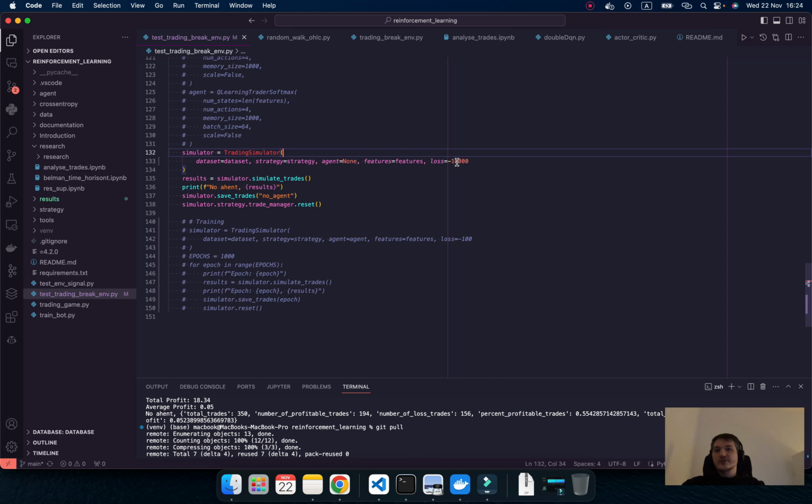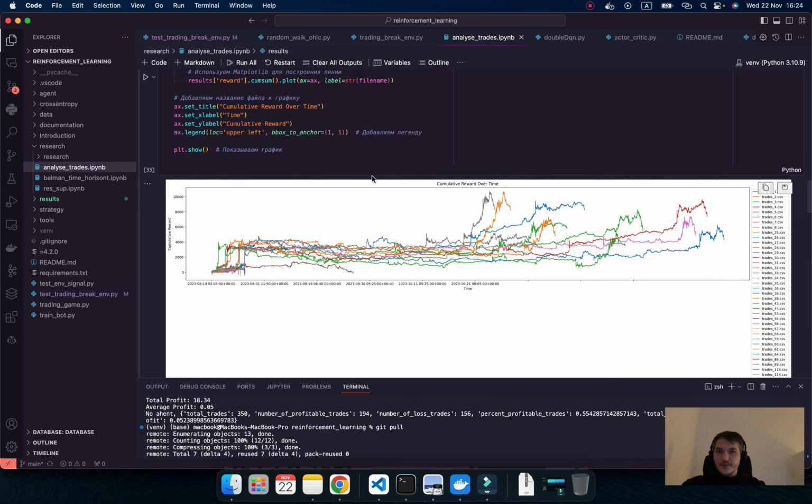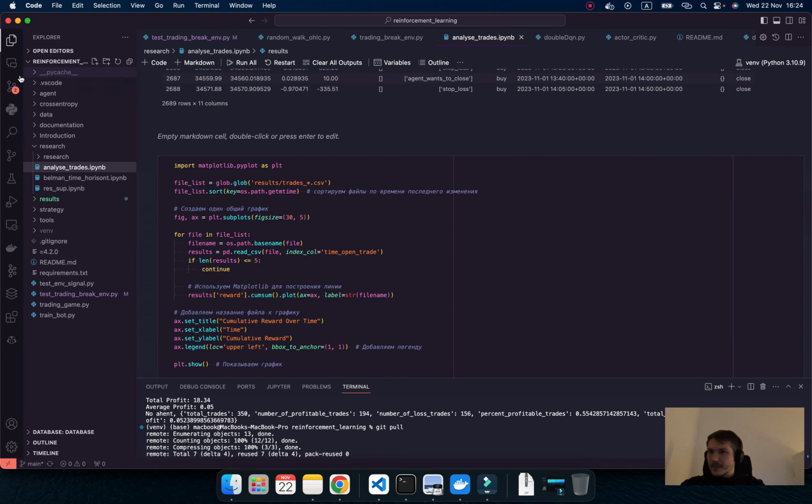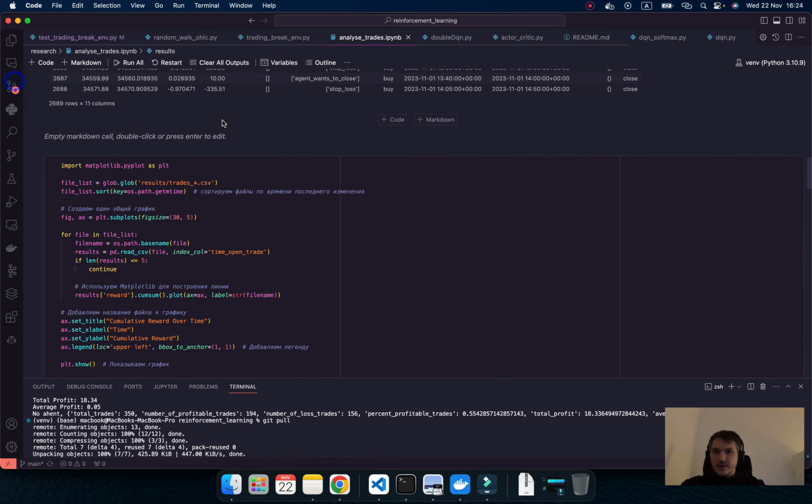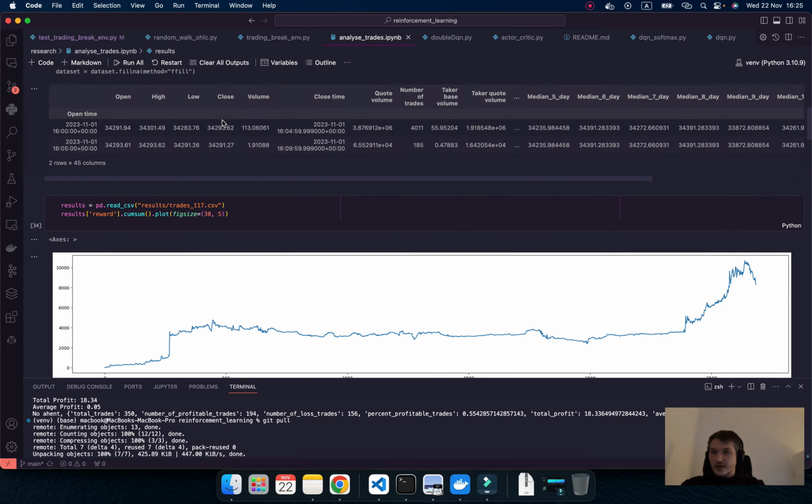Yeah, it is loss. And then what are the features, and without agent. Let's look at the agent. Okay, and I need to find the trades for the null agent.